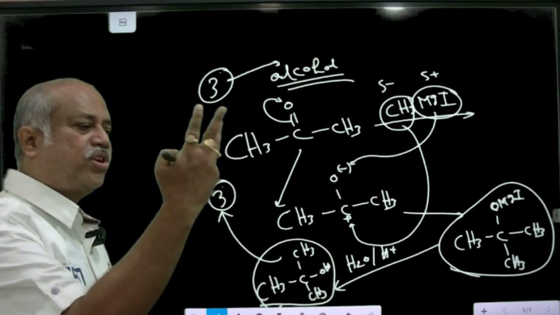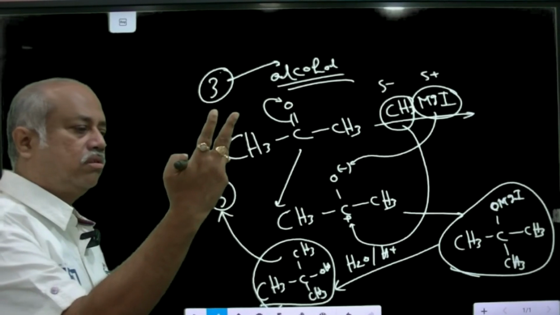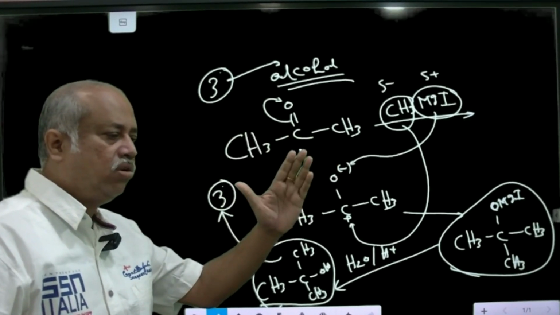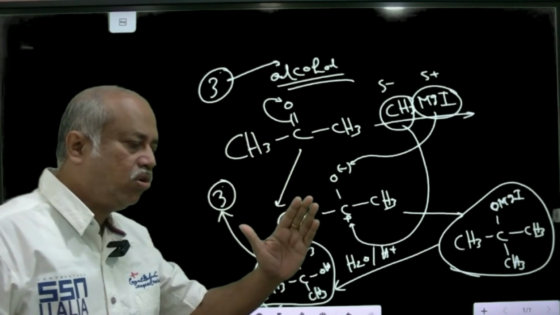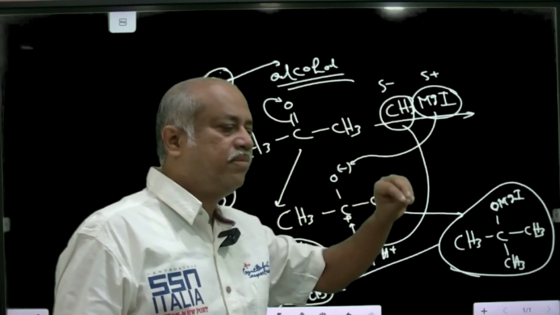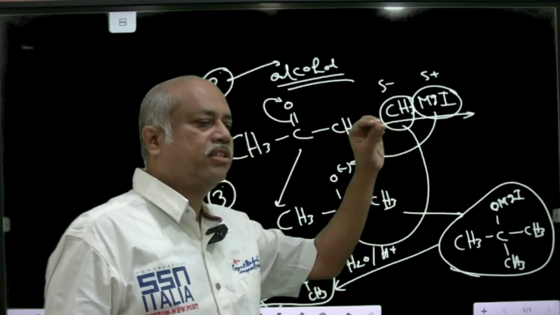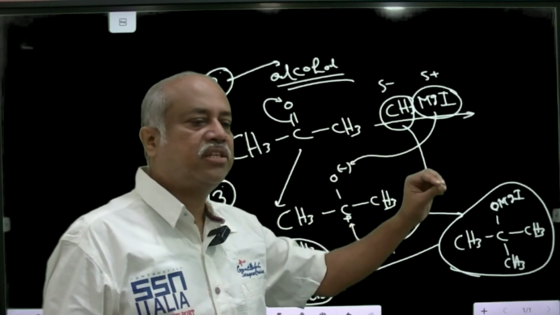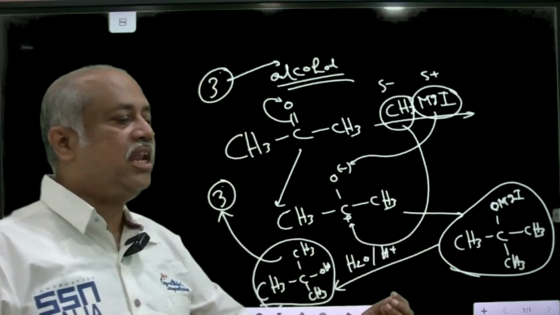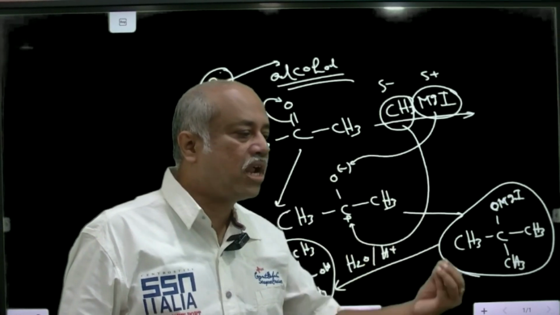I will take three different types of alcohol. That means primary alcohol, secondary alcohol, tertiary alcohol. In case of primary alcohol, starting material is formaldehyde. In case of secondary alcohol, starting material is any aldehyde other than formaldehyde, like ethanal, propanal, butanal.